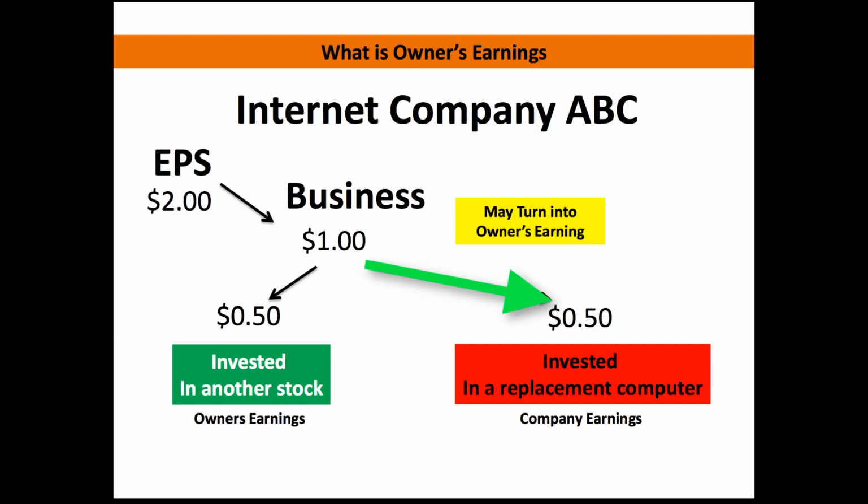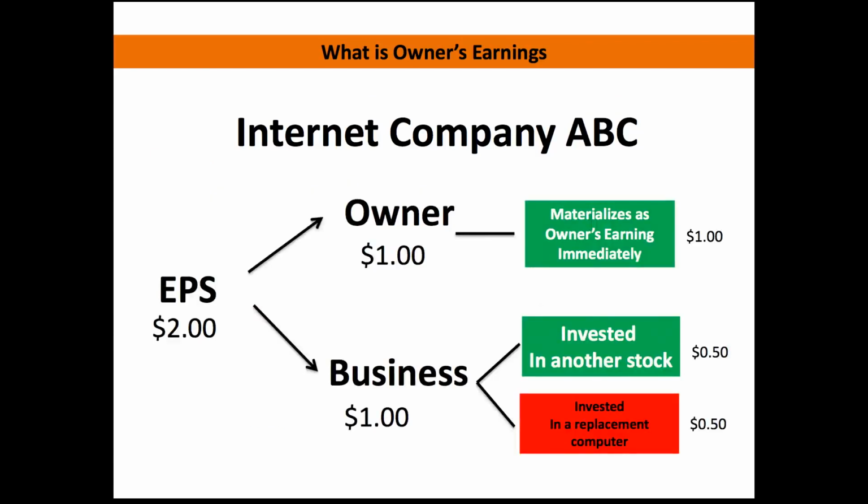That computer was then replaced with a new computer that they bought with this 50 cents of this share. And so the new computer replaces the old computer on the balance sheet, and that didn't add any more money onto that book value. Okay. So as far as we're concerned, it's almost like that money disappeared as we look at the earnings per share and how it didn't materialize into more book value growth.